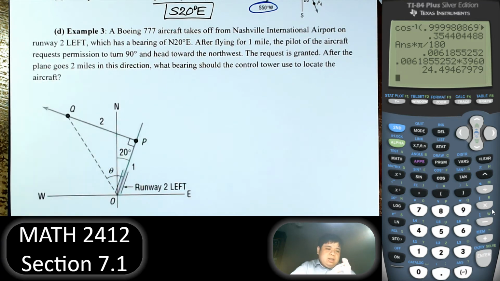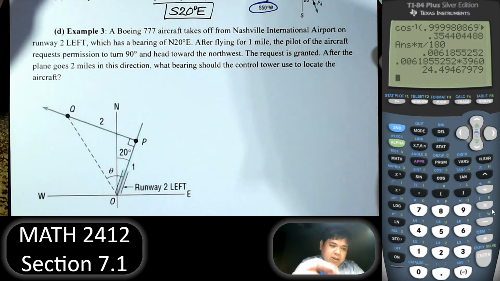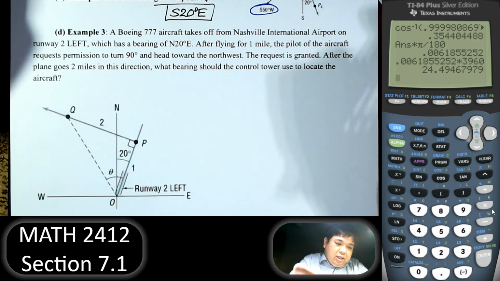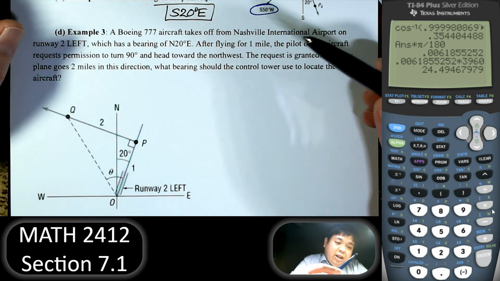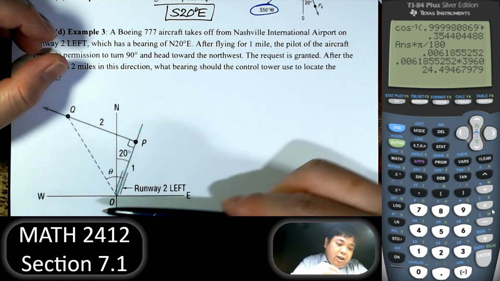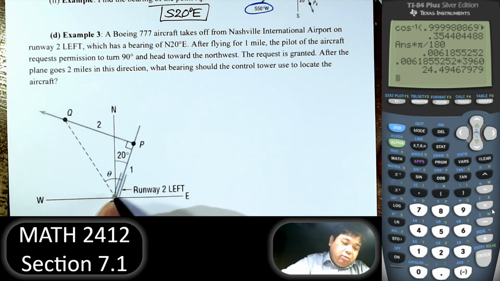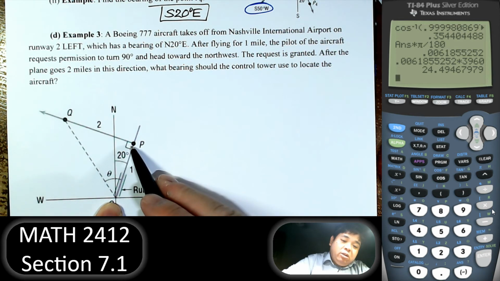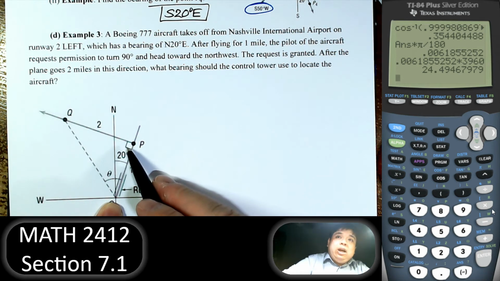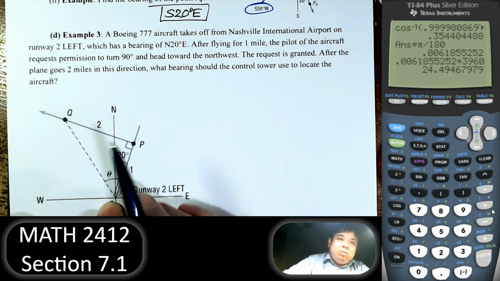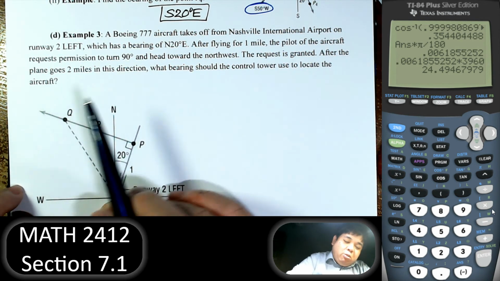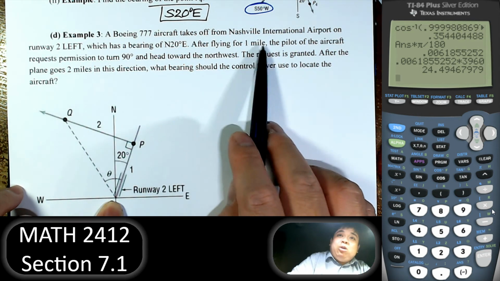Right, so that's what we have. Now let's look at this example. A Boeing 777 aircraft takes off from the airport on the runway here. After flying for 1 mile, the pilot requests permission to turn 90 degrees and head northwest. I will talk about the assumption later.